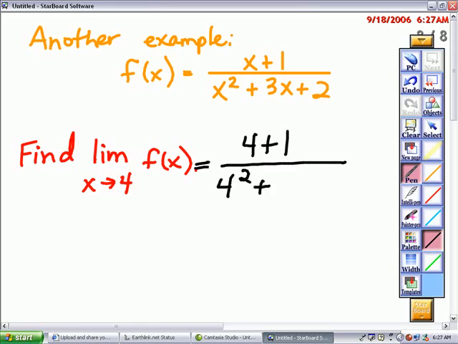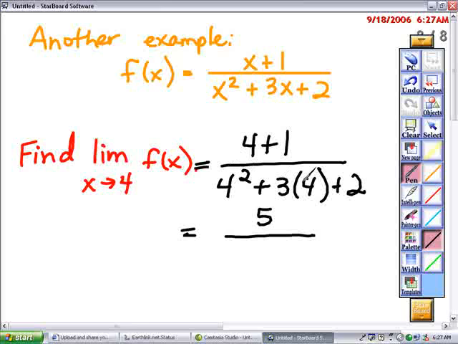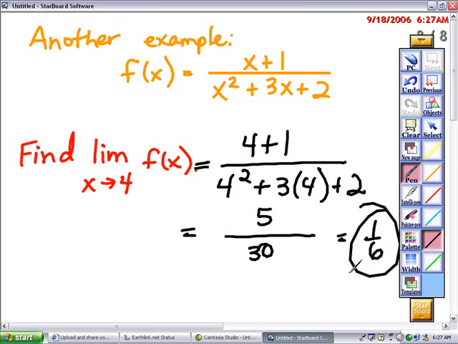It's not an indeterminate form. So I can just go ahead and evaluate that. The numerator is 5, and the denominator is 16 plus 12, which is 28, plus 2, which is 30. So my final answer is 1/6.